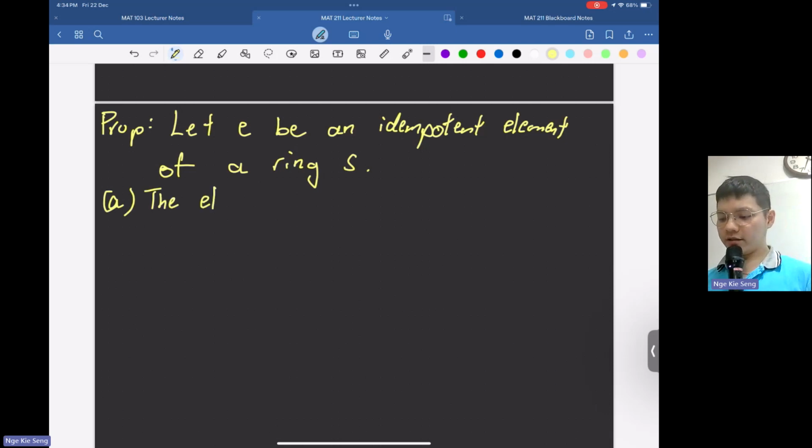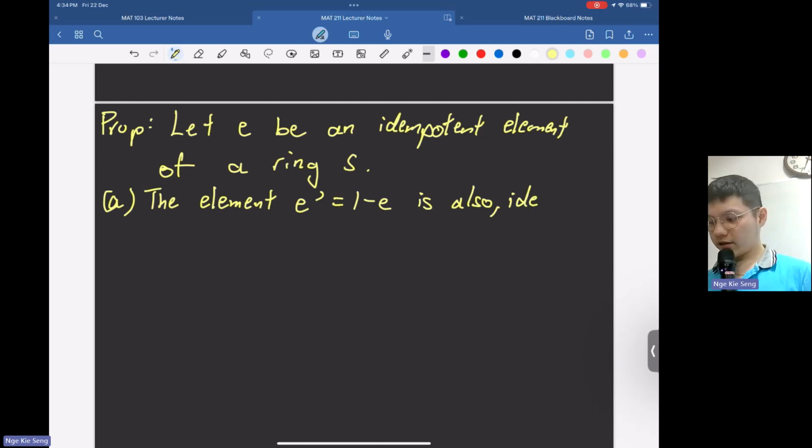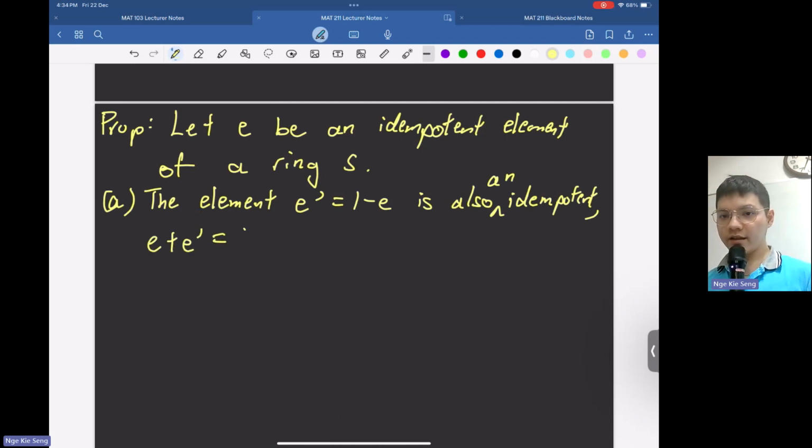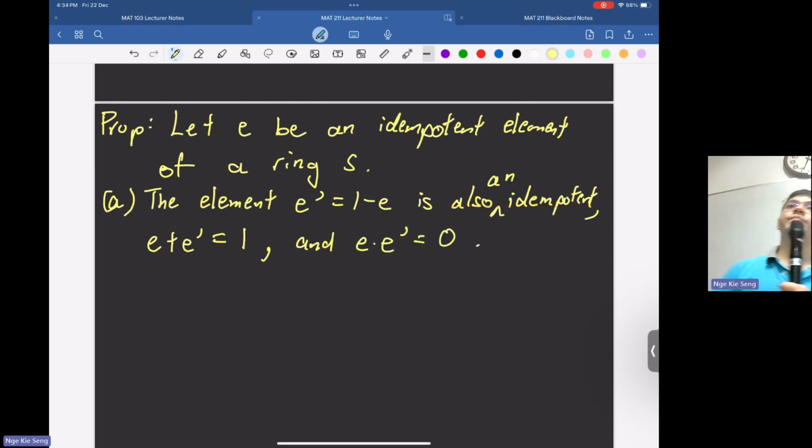The element E prime equals 1 minus E is also an idempotent. Then we will have E plus E prime equals the multiplicative identity, and E times E prime gives you 0.